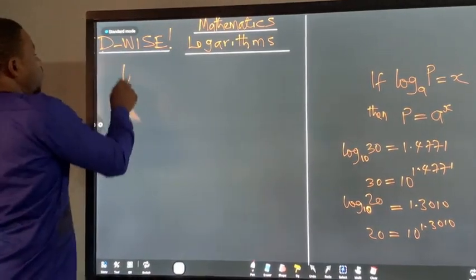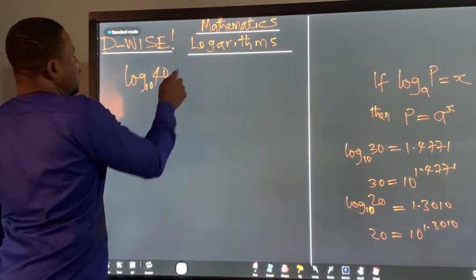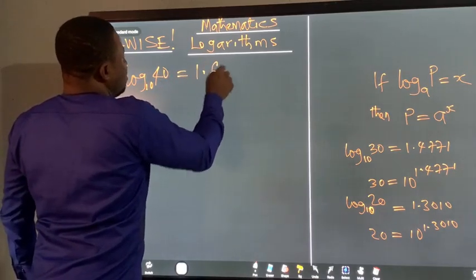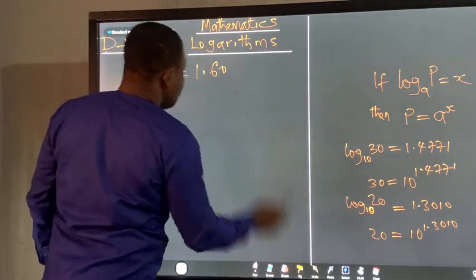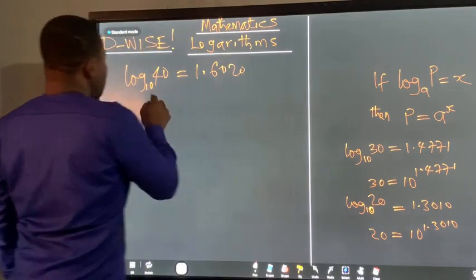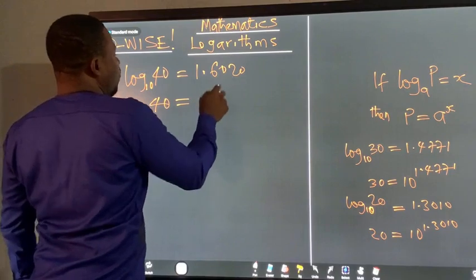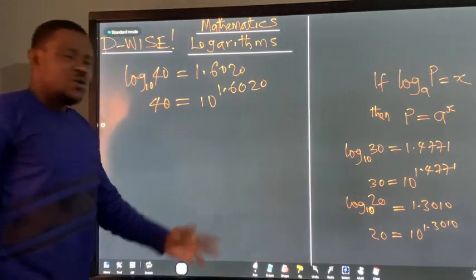Also, if I have log 40 to base 10, it will give me 1.6020 approximately, which is going to mean that 40 will be 10 raised to the power of 1.6020. Alright?